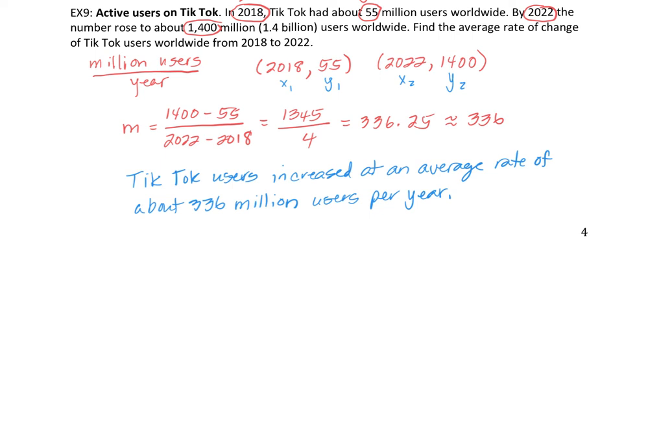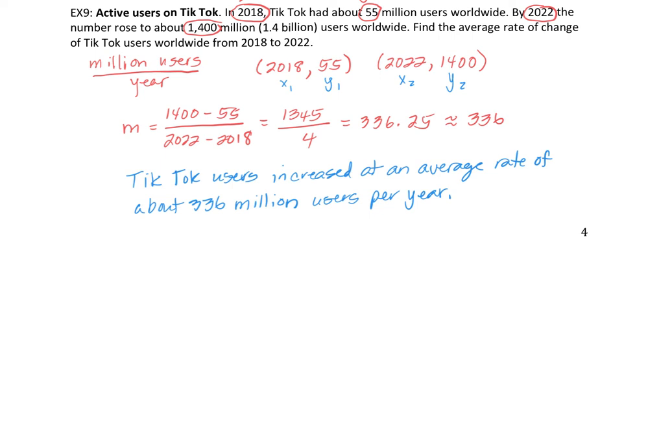We're not going to do it in this section, but what's really important about this is if you have data where you can find an average rate of change over time, you can use that to make a prediction. So let's just say that it continued to increase at a rate of about 336 million users per year.